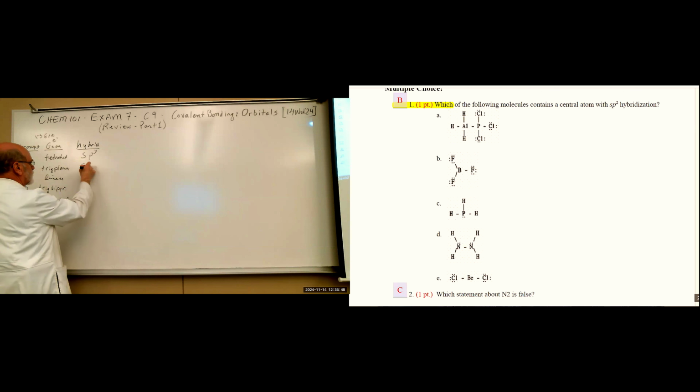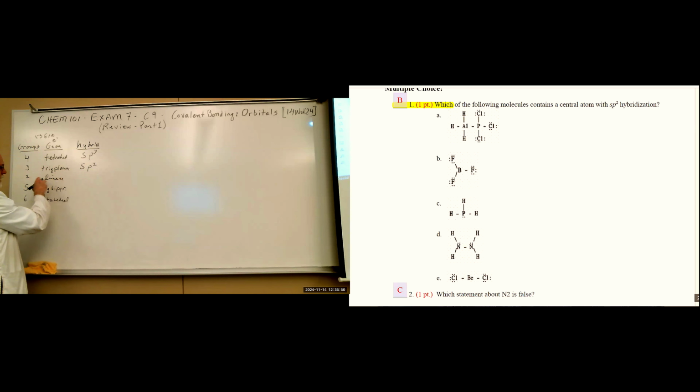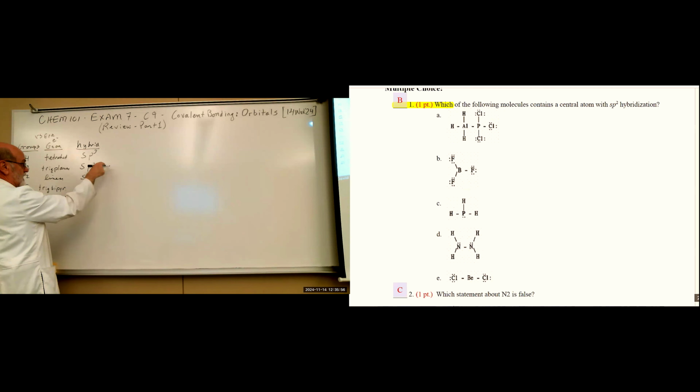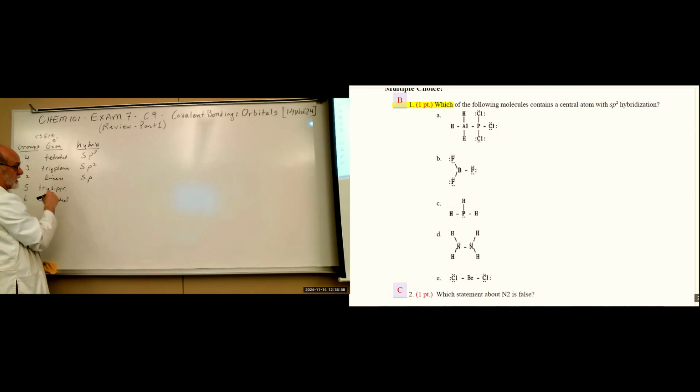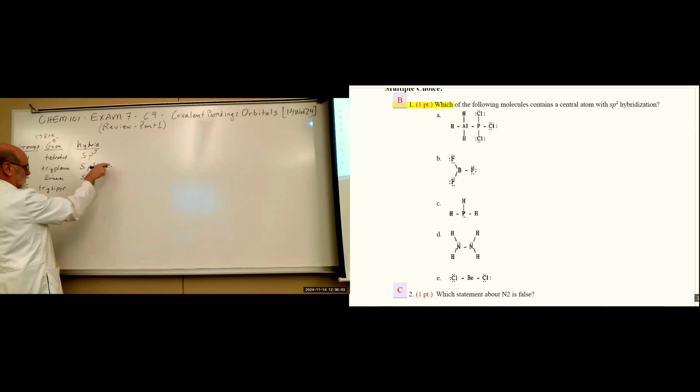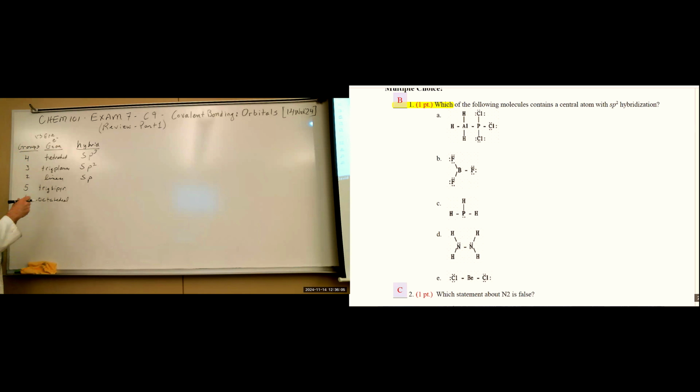Trigonal planar, we only need 3, so there's sp2. Linear, we only need sp. And what that does is this one leaves an unused P available for something else, usually a double bond. And this one leaves 2 p orbitals, which could be a triple bond or 2 double bonds.